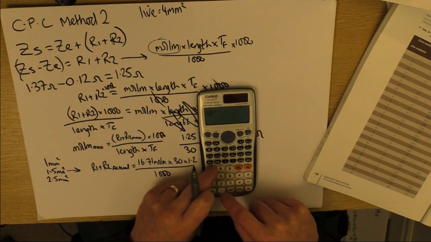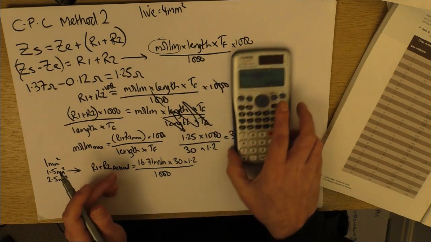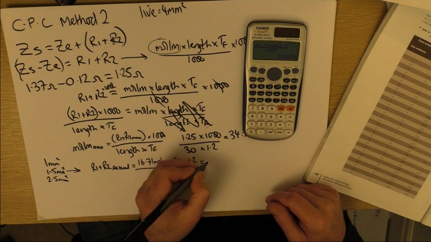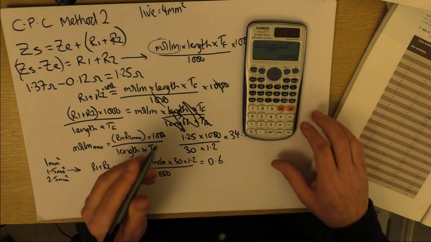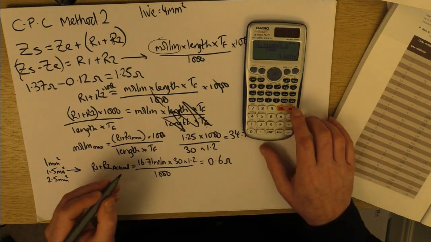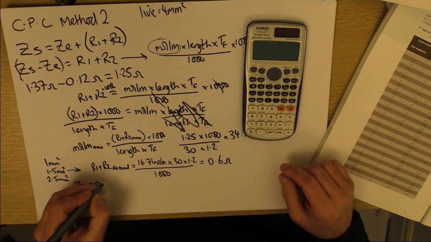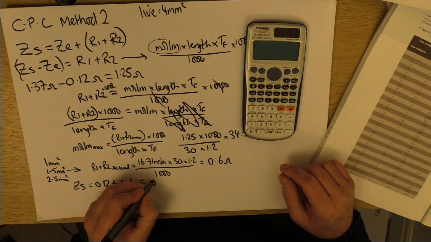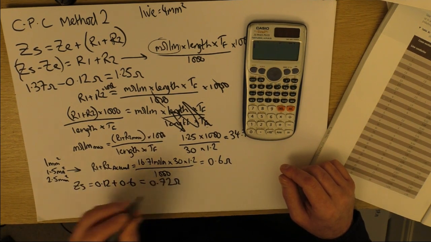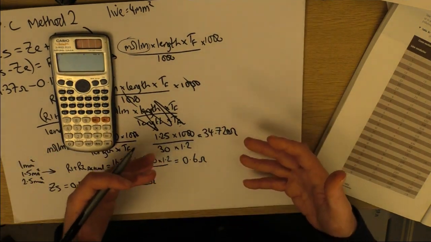So 16.71 gives 0.6. We did that in the last method, which means our ZS then will be our ZE plus 0.6, which equals 0.72 ohms.